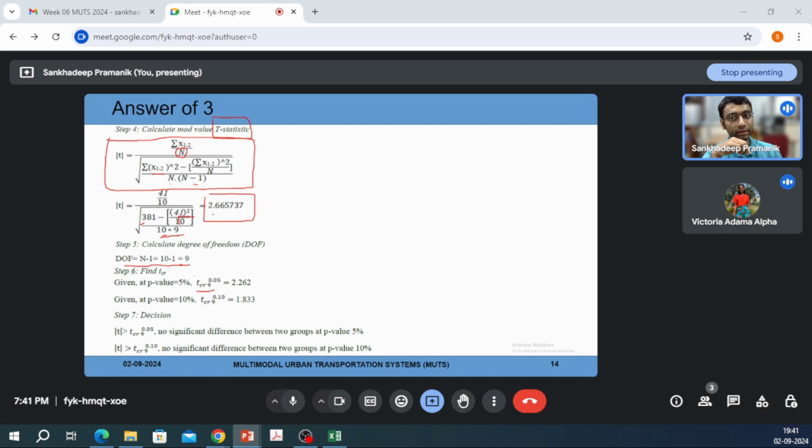Now our t statistic value is 2.665, which is greater than these values for the 5% as well as for the 10% level. So we can say that there is no significant difference between the two groups at the 5% or 10% level. But if it is less than the t critical value, then we can say that there will be a difference between the two groups at the 5% as well as the 10% level.